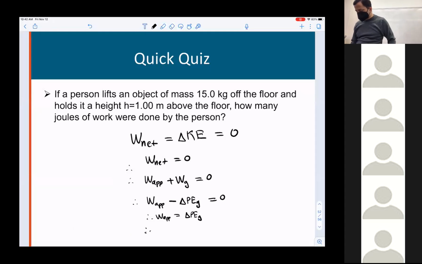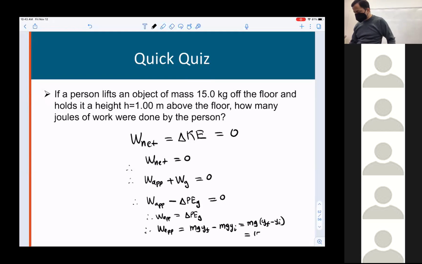147 joules is indeed correct. So this is saying that this is mgy final minus mgy initial. That is the same as mg times y final minus y initial. If you're lifting it up by 1 meter, then you are getting this to be basically mg times 1 meter.